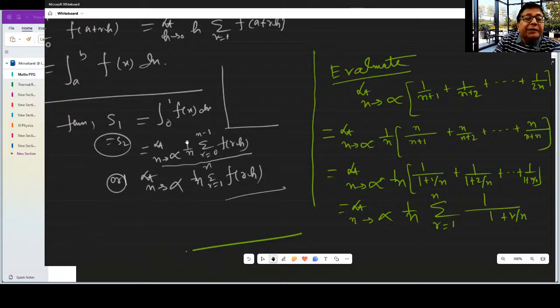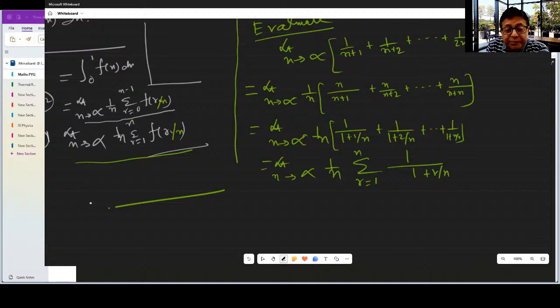Now r by n in our calculation, if you replace h by 1 by n, because we have taken a as 0 and b as 1, then this is r by n. So when you write this back, r by n changes to x, nothing else.